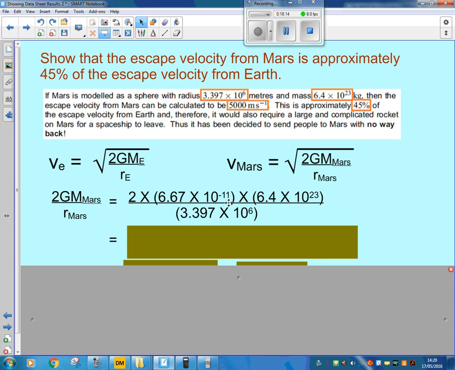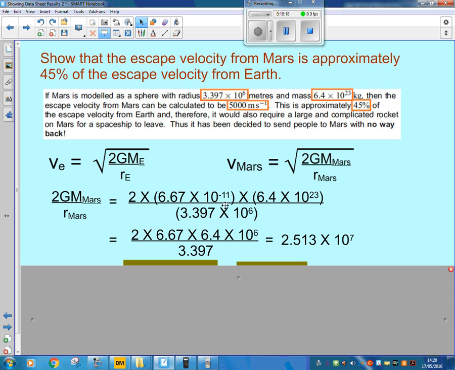You don't have to do this, you can do it all on the calculator, but I'll put 2 times 6.67 times 6.4 on the top line, 3.397 on the bottom, and now dealing with the powers of 10, minus 11 add 23, that comes to 12, and then I'm dividing by here, so I take away 6, so I get 10 to the power 6.